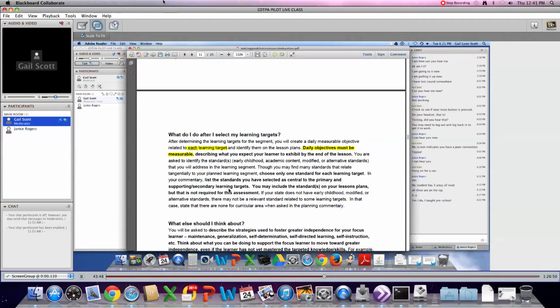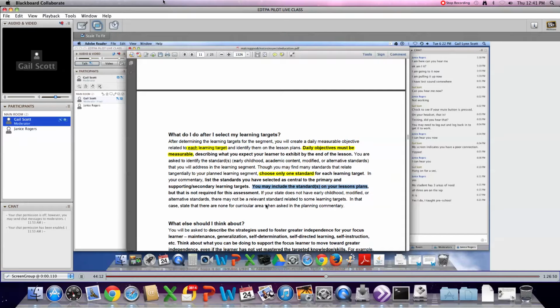You might be able to find a whole bunch of standards that support that lesson. Choose only one academic content standard. Only one for each learning target. You can include other standards in the lesson plans if you haven't overused the page limit.